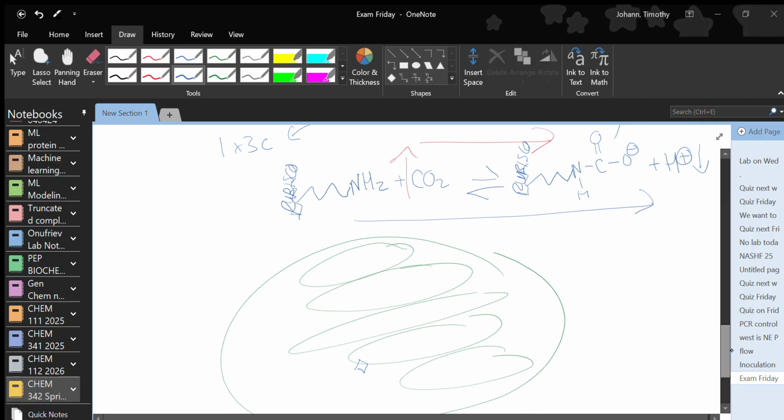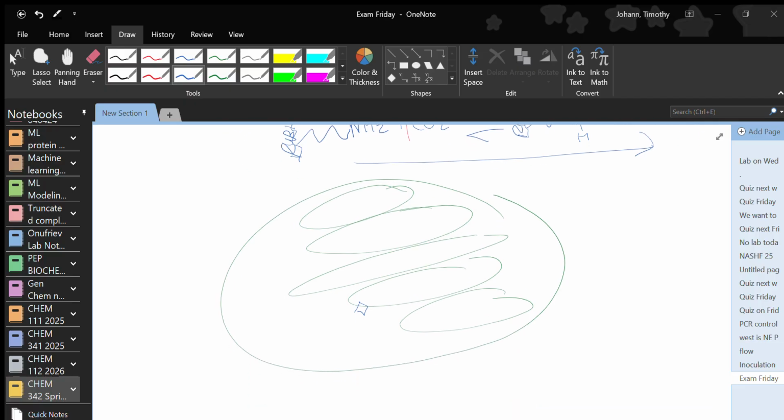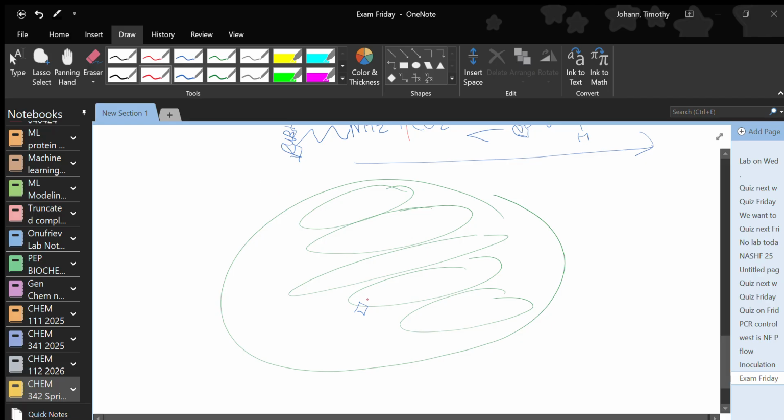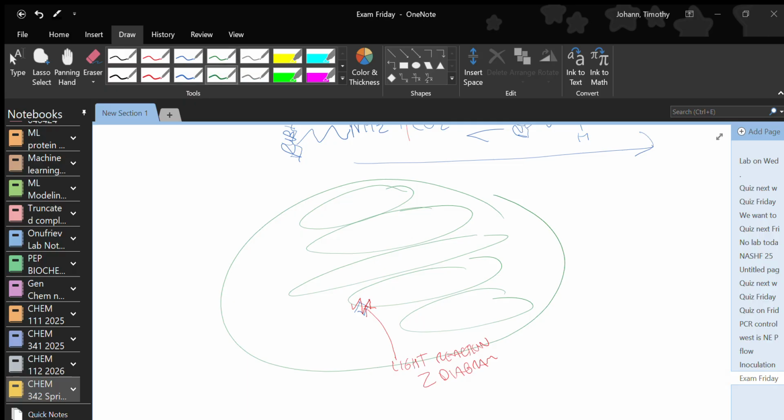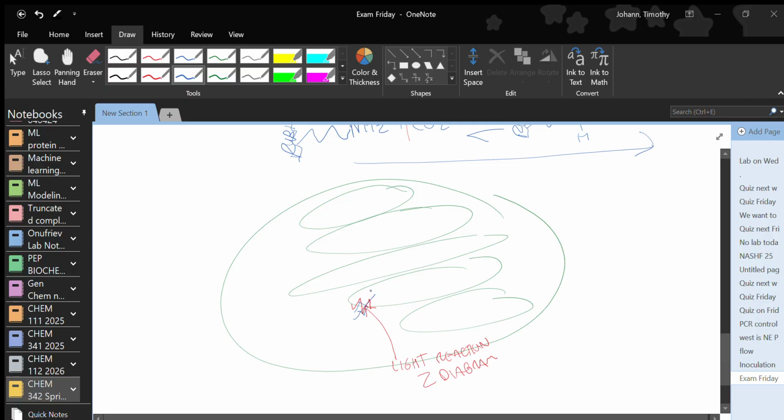And so what we've got here is the light reactions. Let's just call this box the light reactions. We'll call it the light reaction Z diagram. Actually, I could go ahead and draw a Z. It's going to go like that. And what that's doing is pumping protons this way into the thylakoid lumen.